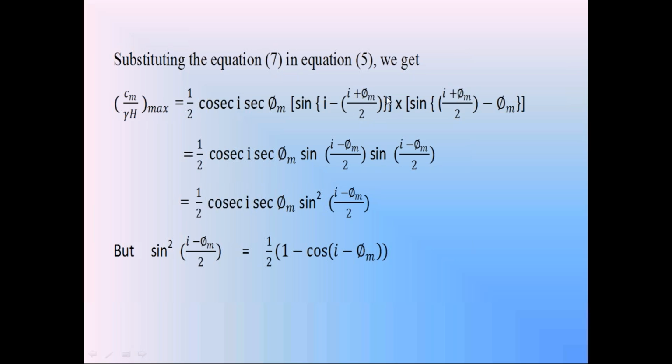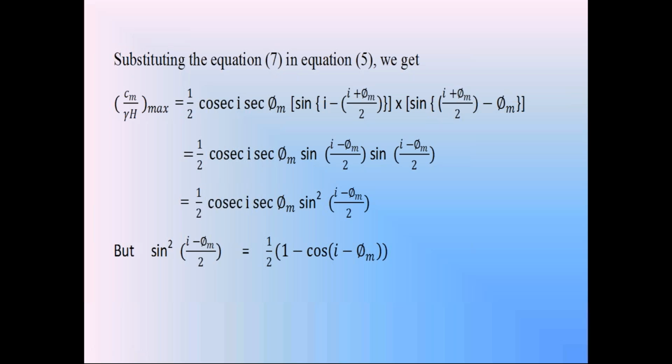So substitute that here, I plus phi m by 2, in this right hand side. Then the second term is sin alpha minus phi m. So in the equation 5, Sn is equal to half into cosecant I secant phi m into sin I minus alpha into sin alpha minus phi m. That is Sn, the stability number is maximum.